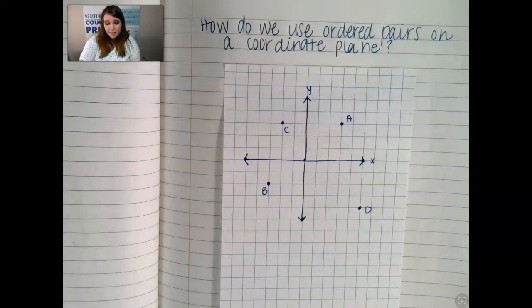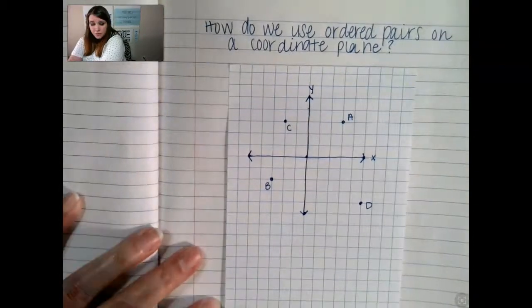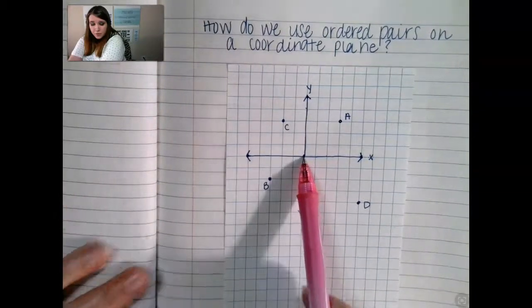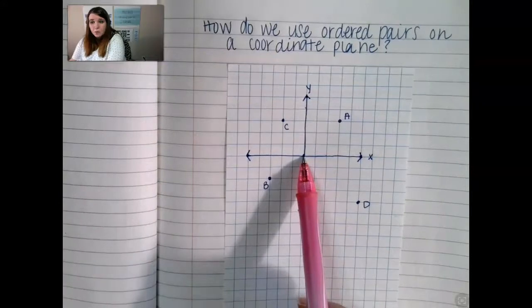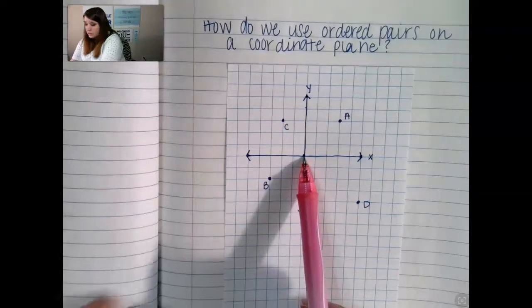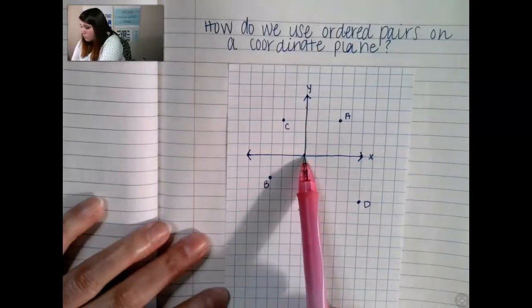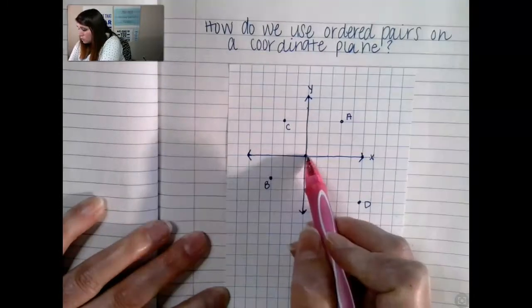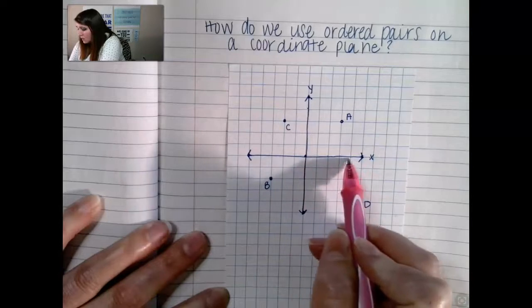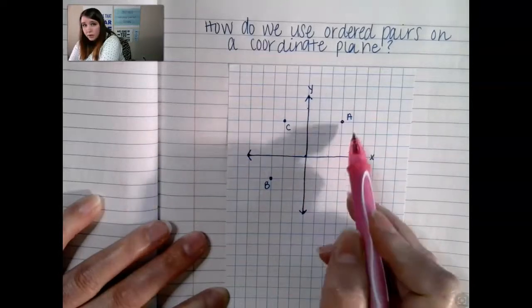So let's say that we want to know what is the location of point A. If we want to know what the location of point A is, we are going to start at the origin and count until we figure out which line to go on. We're going to first move to the left because it's on the left side of the coordinate grid.